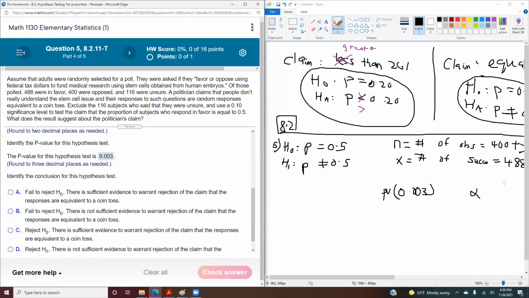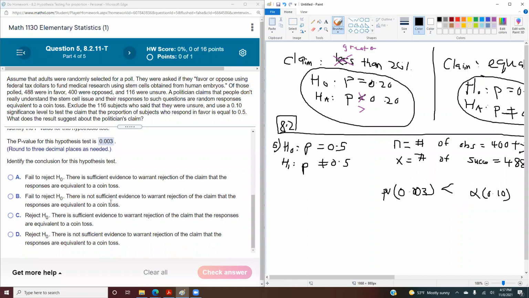Anyone, alpha? 0.10. So it's 0.10, a 10% significance level. Is this p-value less than or greater than alpha? It's way less than alpha. So what do we do, reject or fail to reject?